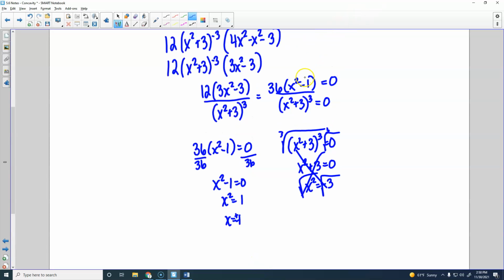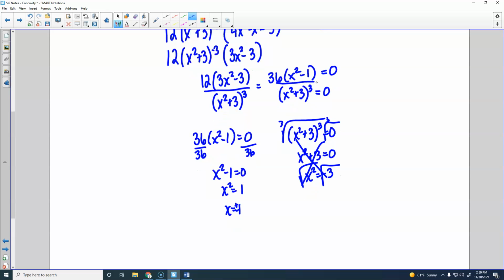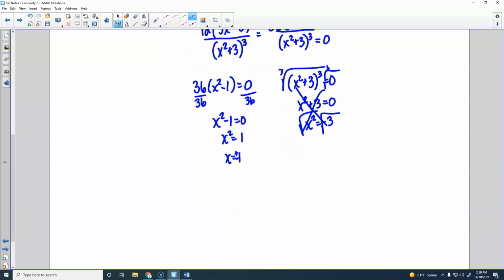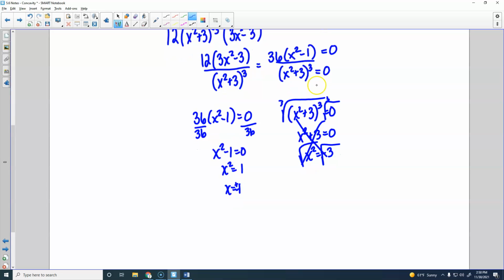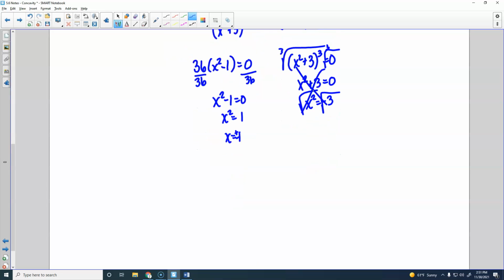And so for this, you can use the chart if you want, or you could just plug in. It doesn't matter. So if we use the chart, we're going to have negative 1 and positive 1 as our points.